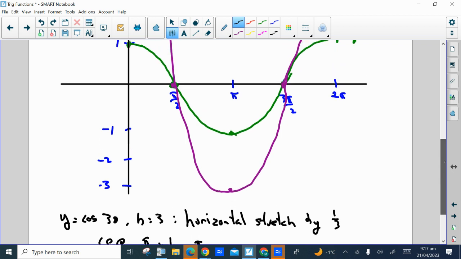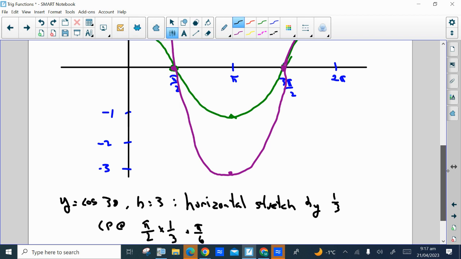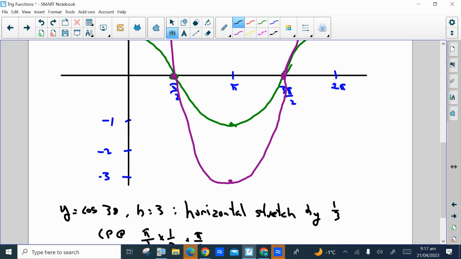So on the scale that we have on the x-axis of pi on 2, that's the same as 3 pi on 6s. So we're going to divide the distance between 0 and pi on 2 into thirds. There's 1 pi on 6, 2 pi on 6, 3 pi on 6. Same as pi on 2. 4, 5, 6 pi on 6. 7, 8, 9 pi on 6. 10, 11, 12 pi on 6.